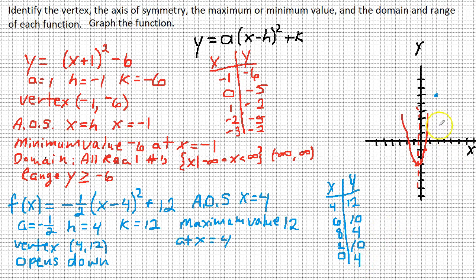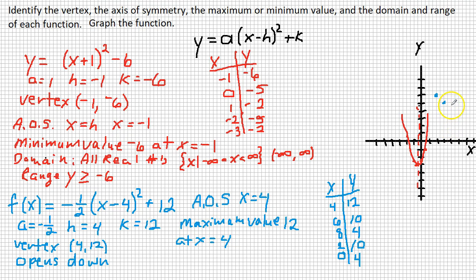So let's plot our points. We had our (4, 12) right here. So we have (6, 10). Now you notice this one opens up wider. Why? Because that negative 1/2 in front, I have a vertical compression by a factor of 1/2.